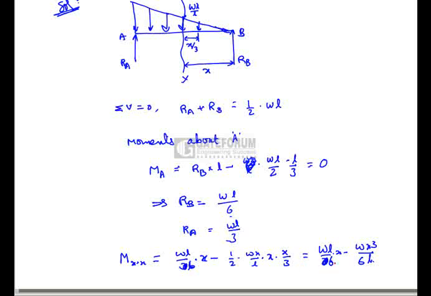So here is the moment at the section, but here we will have to find out the maximum bending moment. That can be obtained by differentiating this bending moment equation with respect to X and equating it to 0. Then we get the location where the maximum bending moment occurs.